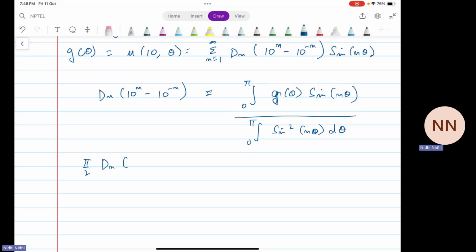This is pi by 2 d_n (10 to the power n minus 10 to the power minus n) is equal to, now this g is a piecewise function.